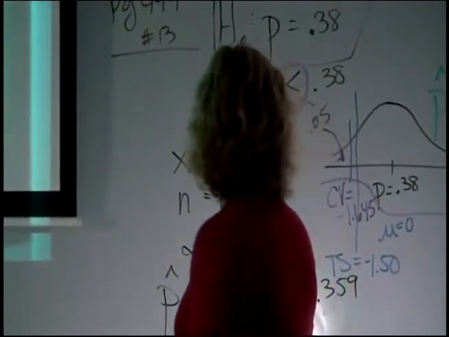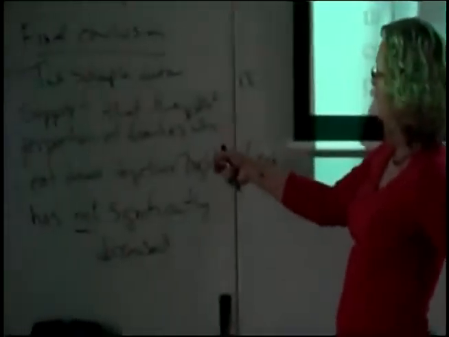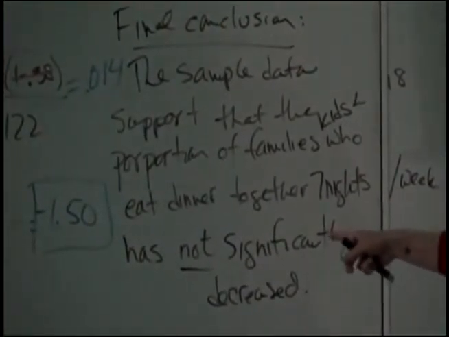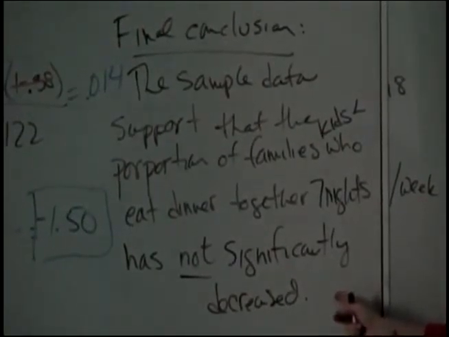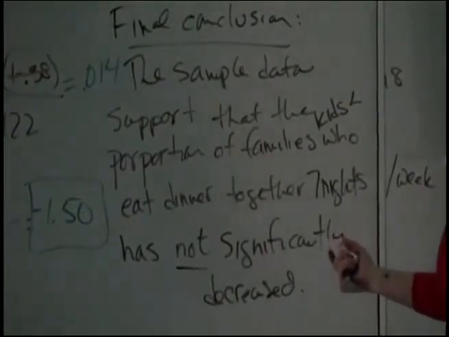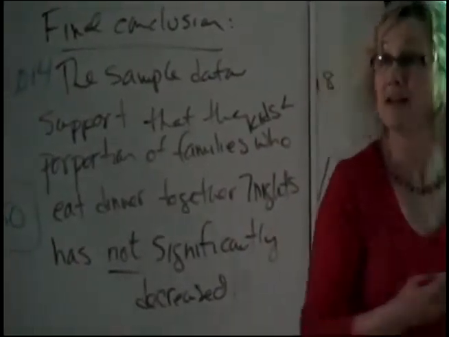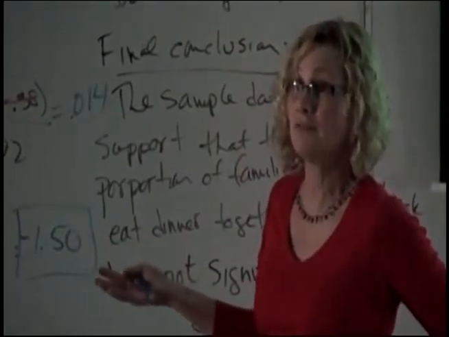Well, you might say in your final conclusion, the sample data support that the proportion of families with kids under 18 who eat dinner together 7 nights a week is not significantly decreased. But then you might add, but this isn't a real strong conclusion. All right, that's cool. If we're told, test this at 5%, okay, I'll test it at 5%, and I can live with that.